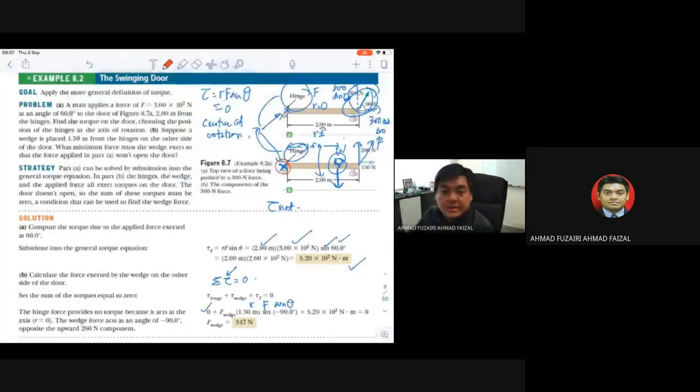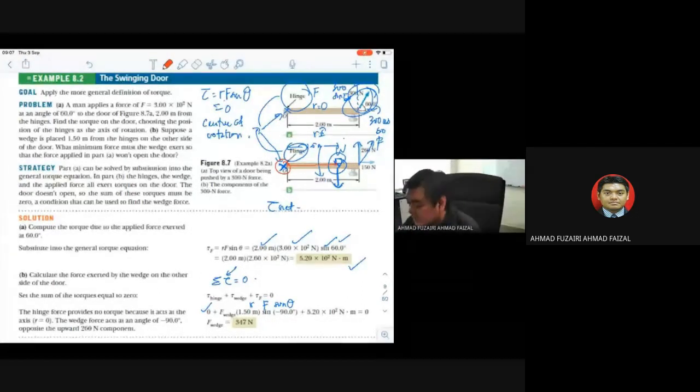So kalau wedge tu tarik ke bawah, apa akan jadi kepada pintu ni? Dia akan berpusing ke arah clockwise. So clockwise ingat dia apa? Positif ataupun negatif? Jawapan dia clockwise itu ialah negatif. And force yang kita tarik tadi ialah ke arah positif. So sebab itulah kita tambah dengan jawapan akhir tadi.